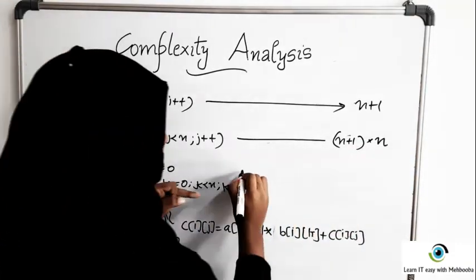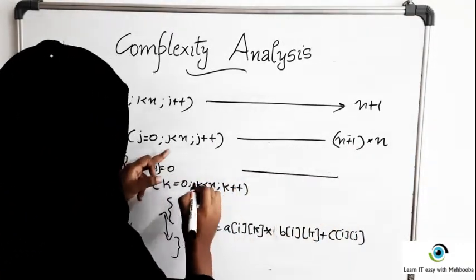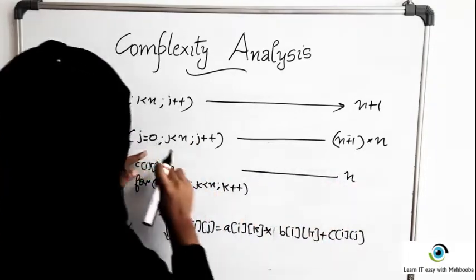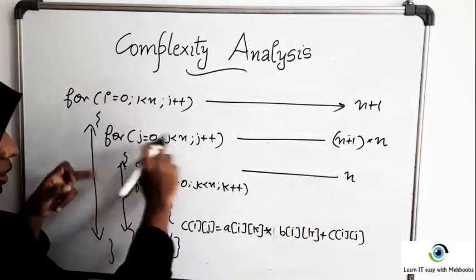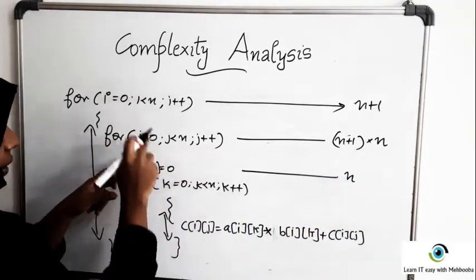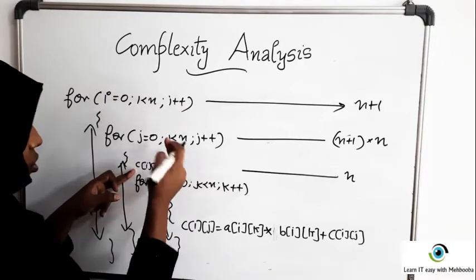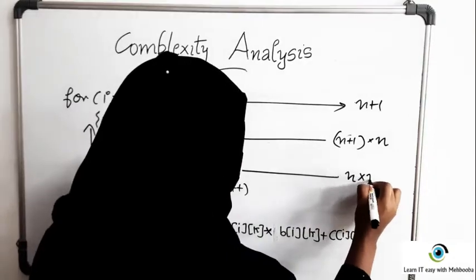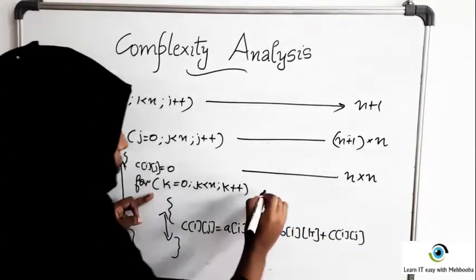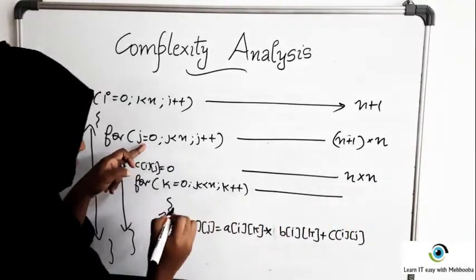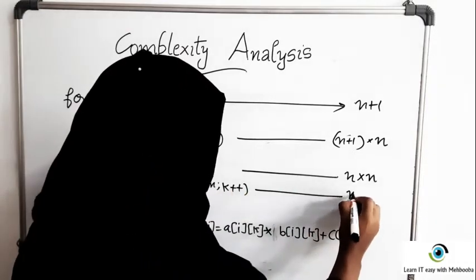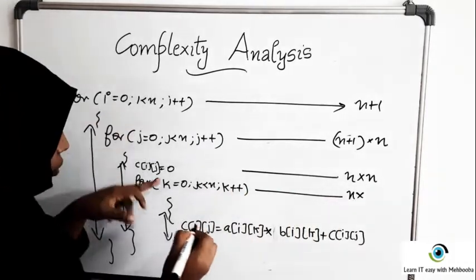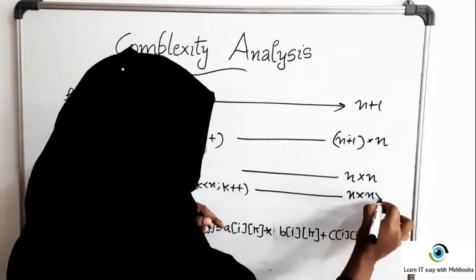Now this code will run n times under the influence of this loop. It is again nested inside this for loop. So under the influence of this for loop, it can run n times again. Now this for loop, under the influence of this for loop, will run n times. Under the influence of this for loop, it will run n times itself.